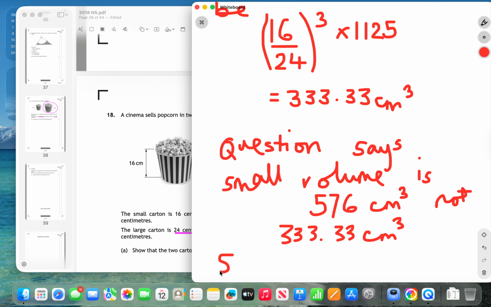So they're not mathematically similar. Again, because we've already done this, I will put MS. I repeat, do not write MS in the exam.